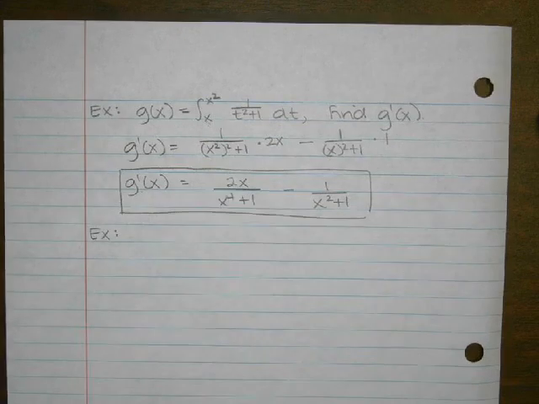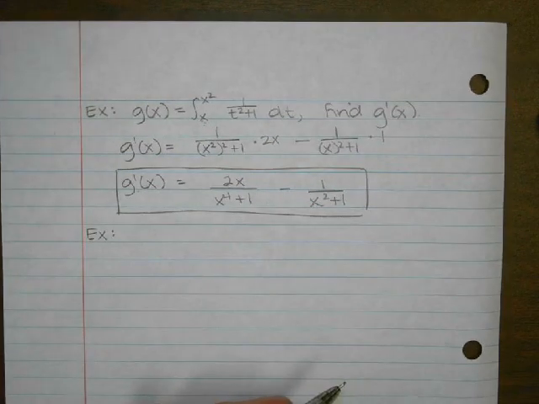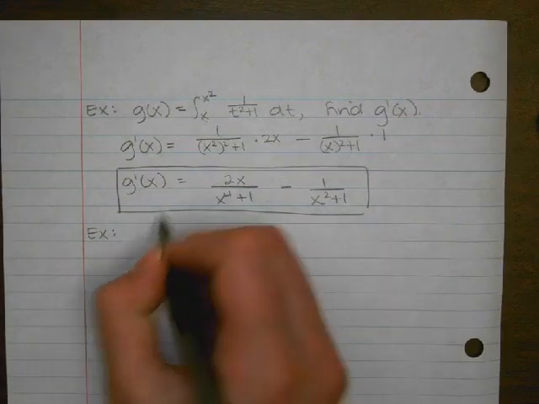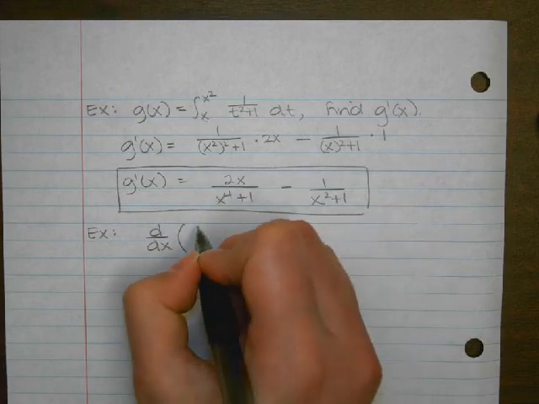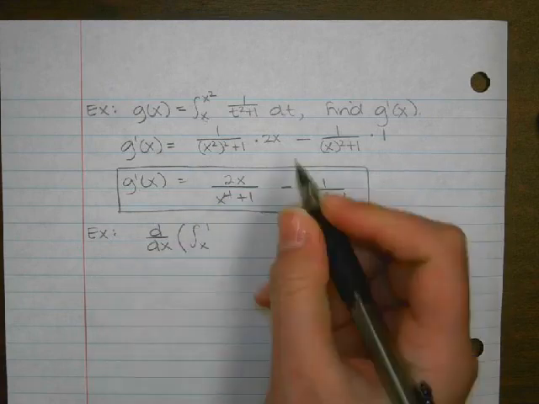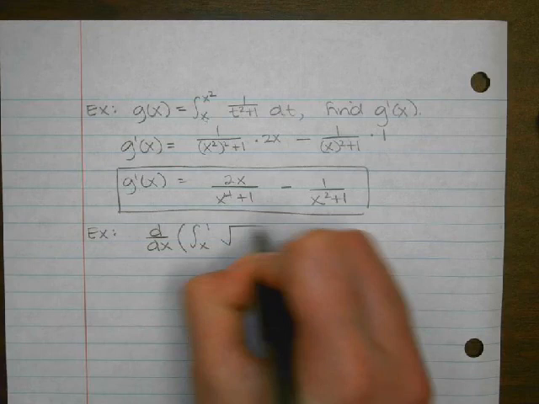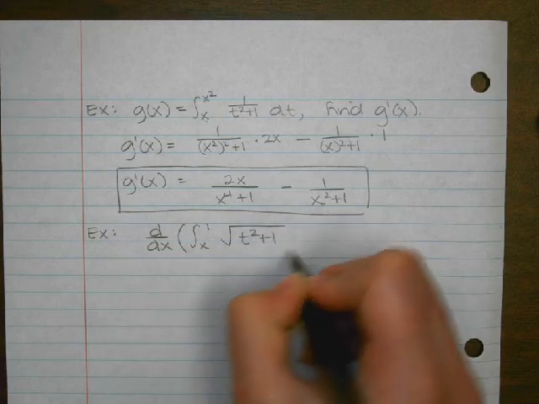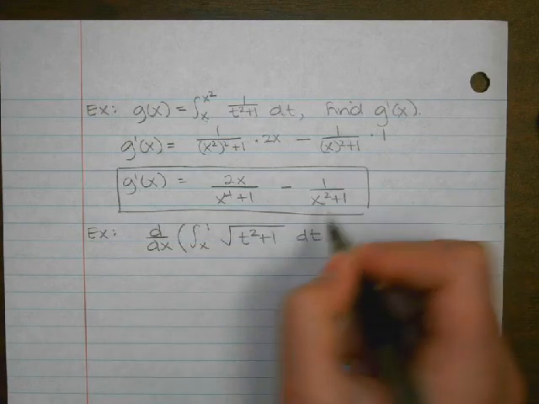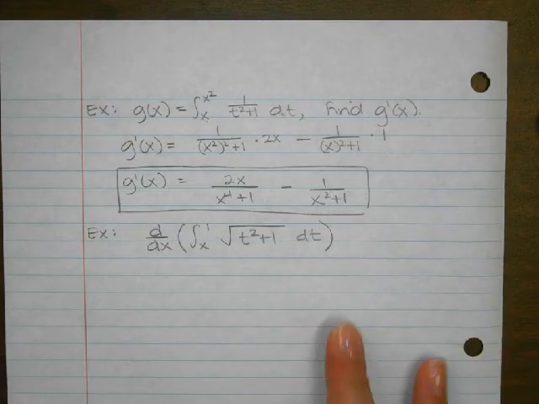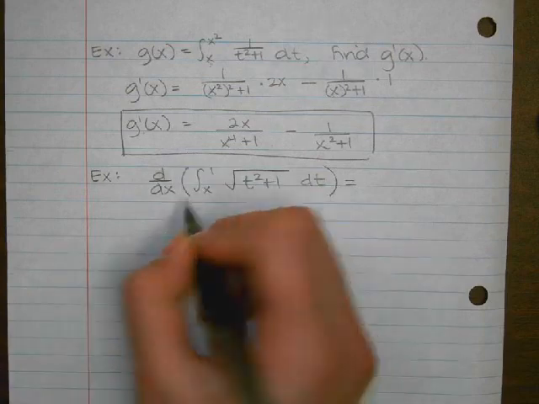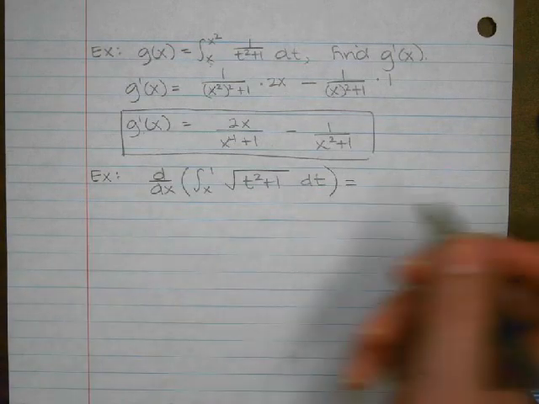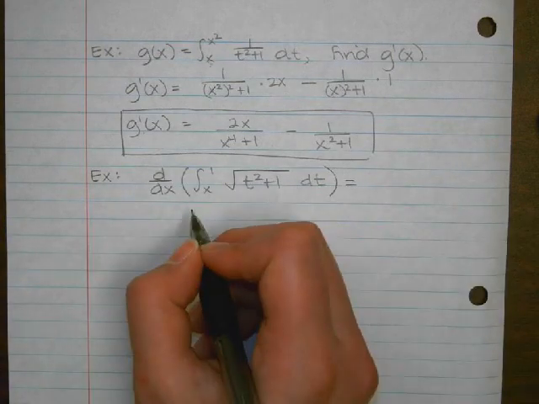Okay, so now we're going to try a different type of problem, and I'm going to show the notation a little bit differently. So I'm going to say that this time we're going to evaluate d dx of the integral from x to 1 of t squared, the square root of t squared plus 1 dt. So I'm not going to say g prime of x or anything because it's just an expression and I'm evaluating it.